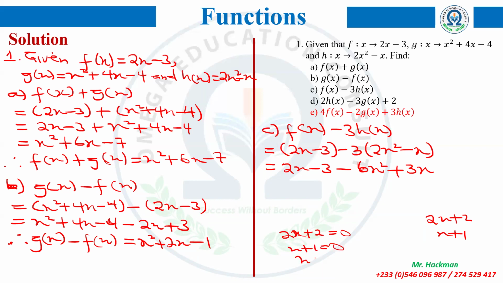If you solve, you get x to be equal to minus 1. If you don't divide through straight away and you solve your usual way, you get 2x is equal to minus 2. You divide, and you end up getting x to be equal to minus 1. Is that not it? So whether you divide through or you don't divide through initially, you will end up getting the same result. That's if you are dealing with an equation.